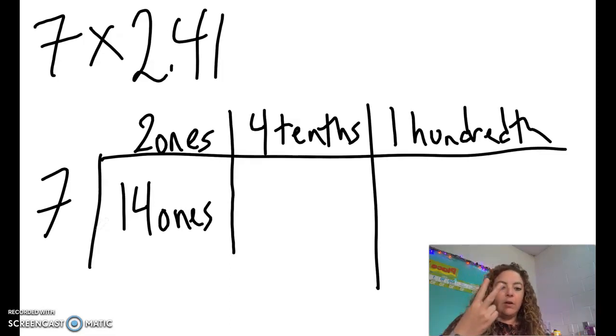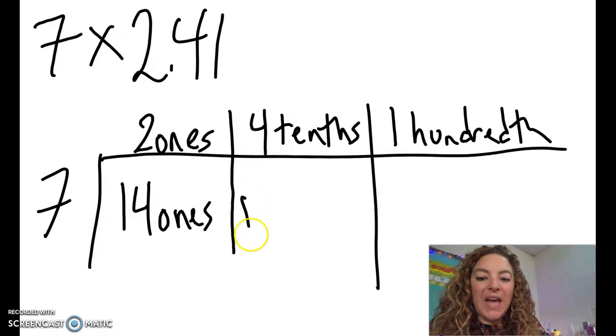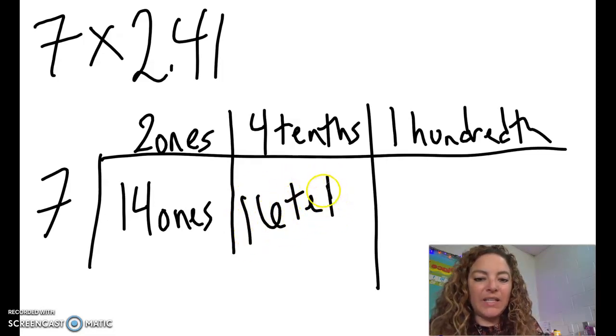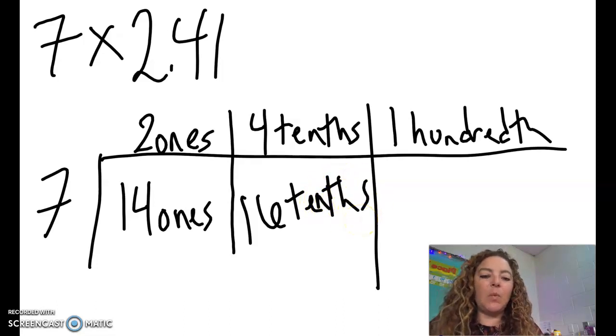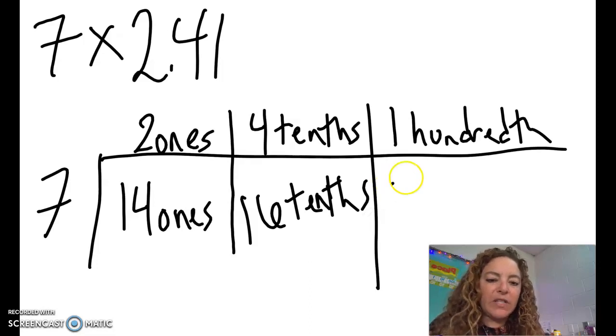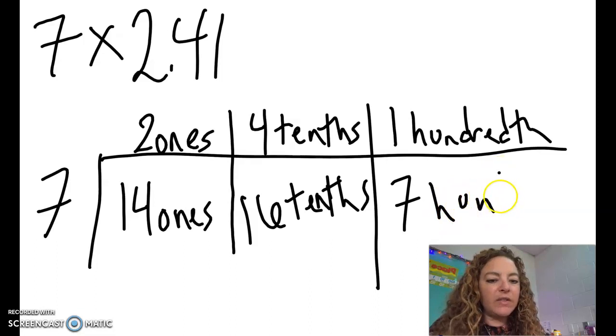So 4 plus 4, which is 8, plus 4, which is 12, plus 4, which is 16, okay? So we know we have 16/10. Hopefully you guys saw what I did there, or figured that out, okay? And then 7 times 1, that's fairly straightforward. 7 times 1 is 7, right? 1 times anything is that same number. So we have 7 hundredths there.